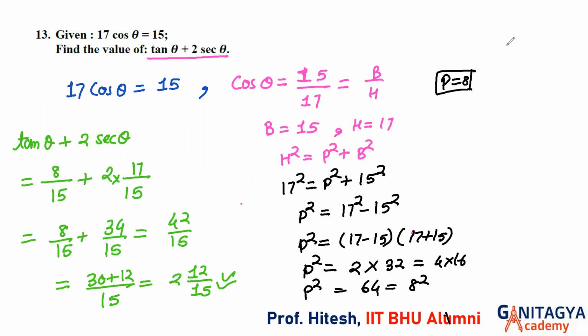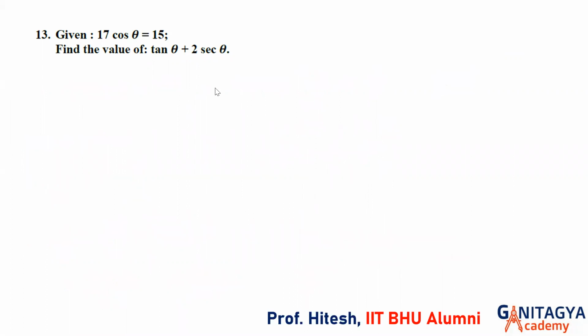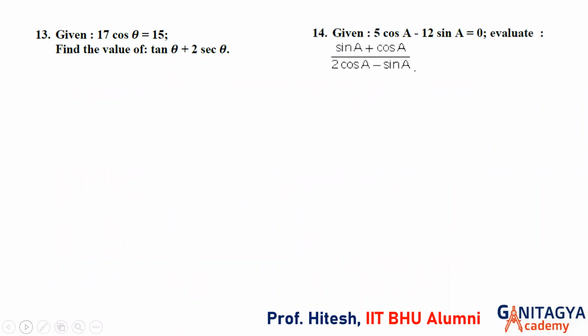Let me move to the next question. Oh, it is having one more part. Question number 14. Okay, so given 5 cos a minus 12 sin a is equal to 0. We have to find out sin a plus cos a upon 2 cos a minus sin a. Very easy, everyone pay attention.